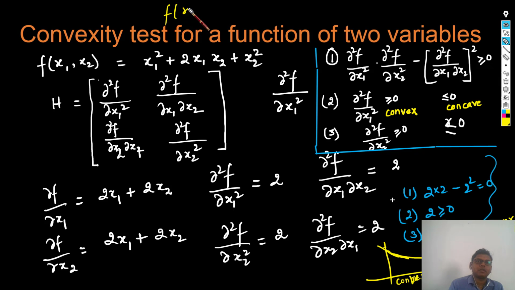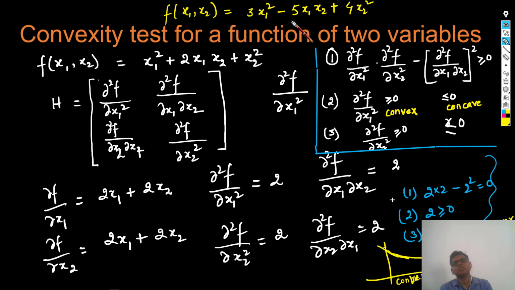F of x1, x2 equals 3x1 square minus 5x1x2 plus 4x2 square. This is a function. Check whether this function is a convex function or concave function.